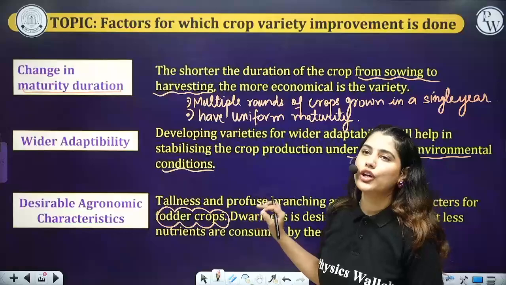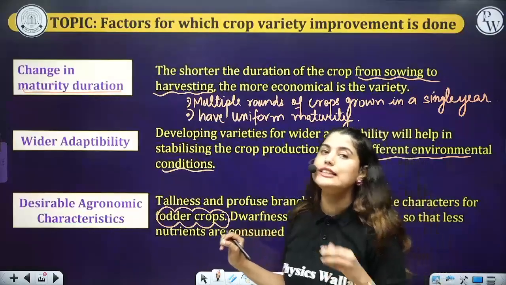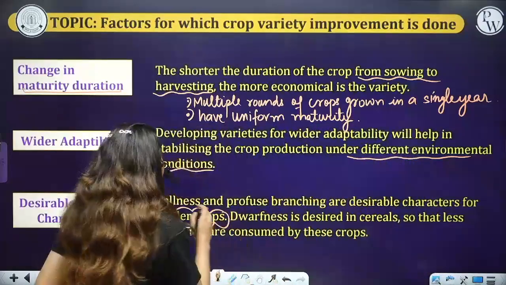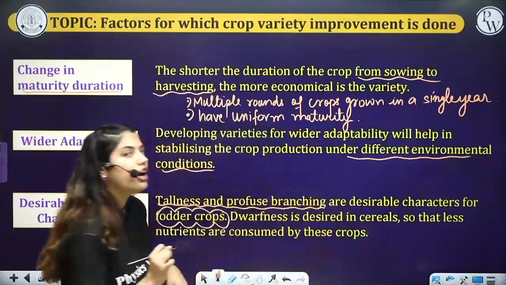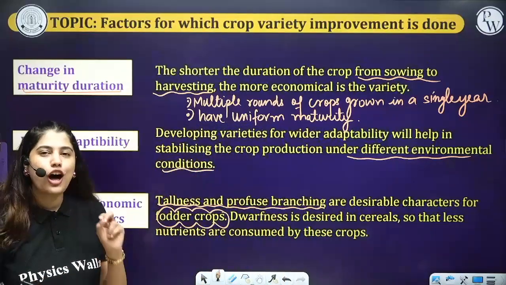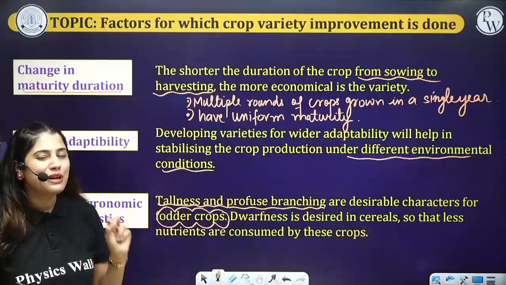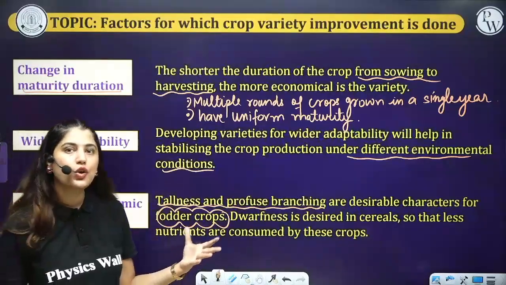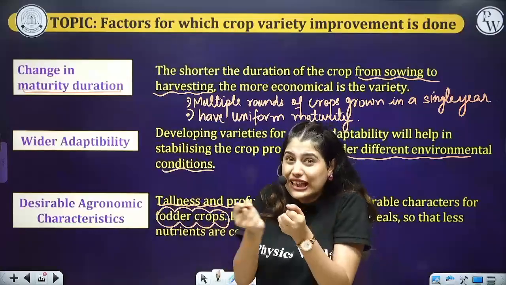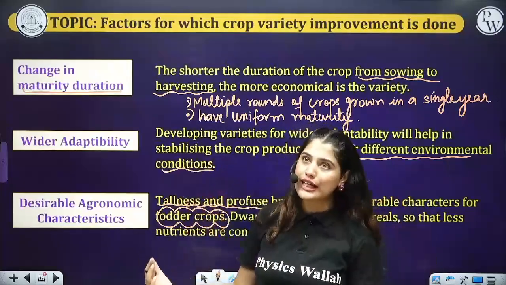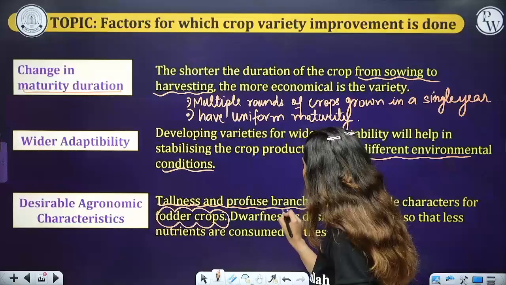Now these fodder crops, what are the requirements for these? They should be very tall and they should show profuse branching. And for the cereal crops, we want them to be a little small because we want them to take less amount of nutrients, right? So we can say yes, dwarfness.